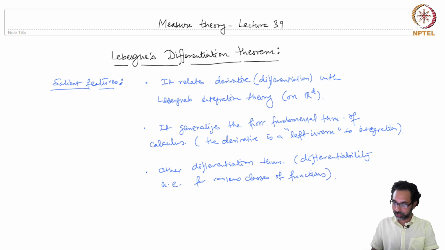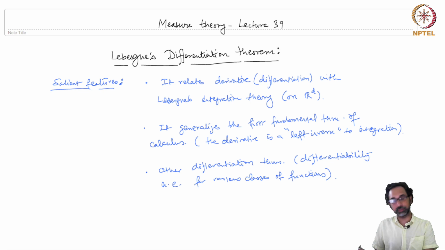So of course these three salient features make up quite a large number of results actually, and to go into the depth of each result would not be possible due to the lack of time, and in fact we will only be concerned with this topic for the rest of our course, and this will be the last course for this topic as well.